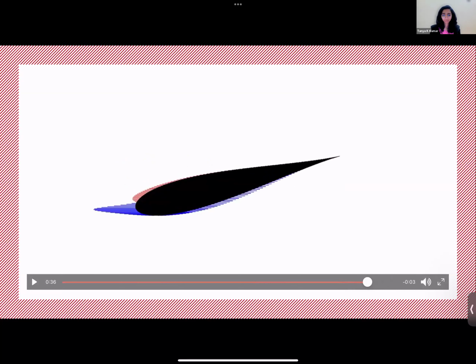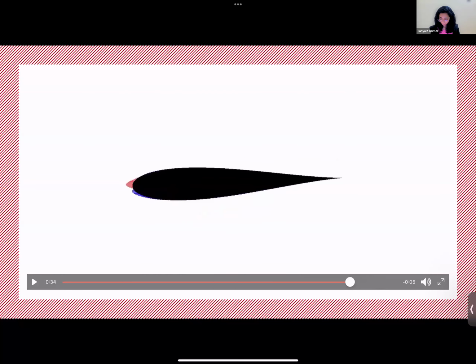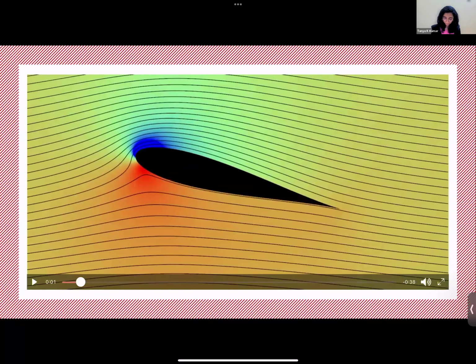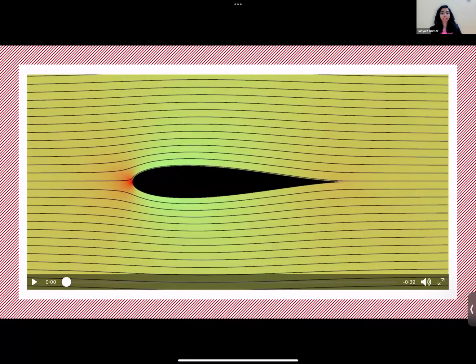Drag, correct. The previous one was lift and this is drag. So throughout this animation, there is something missing. There's something that's wrong, some error. What do you think it is?